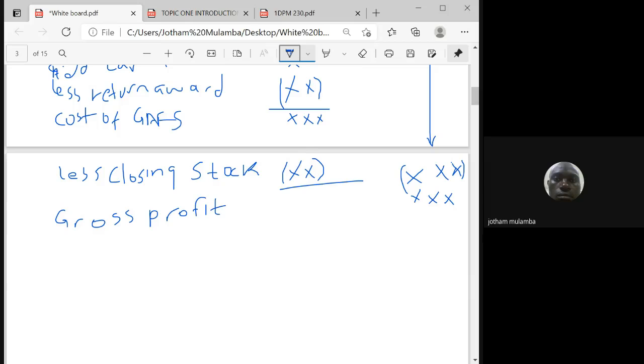In that case, the main business for Kenya Institute of Management, what we'll record in our books as sales, is the fee that we'll have collected from students. That's what we'll record as our sales.